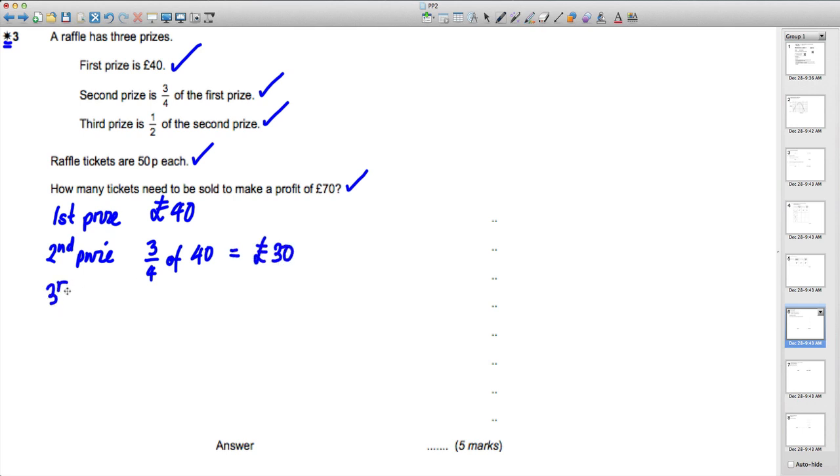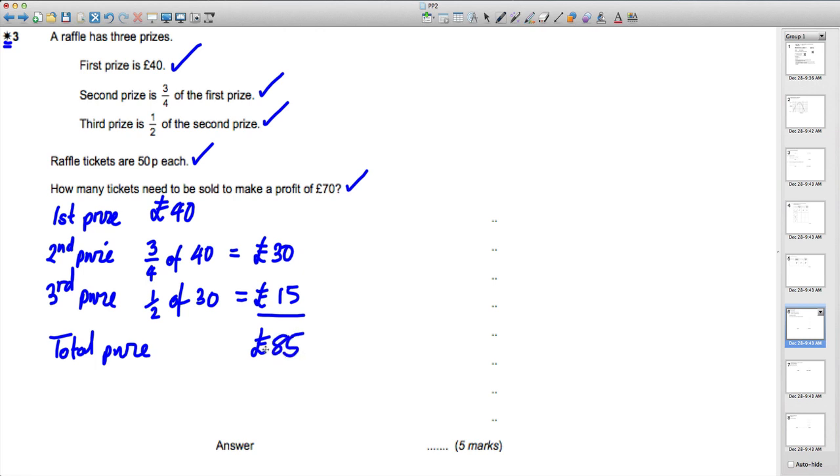And the third prize is half of the second prize. So it's half of 30, which is £15. So the total prize money is the sum of these, which is equal to £85. Okay, so that's how much money you give out.